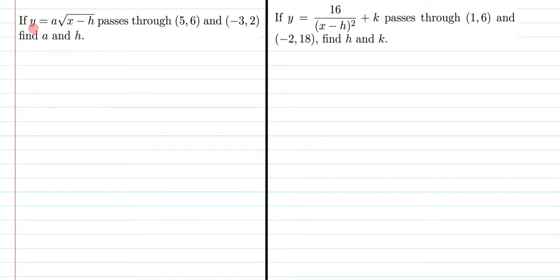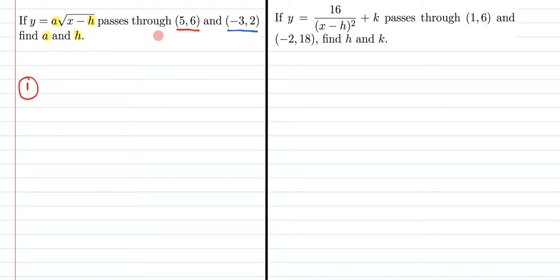Next, we have this question. So if we have this template and we know that this square root graph passes through 5 and 6 and negative 3 and 2, now we need to find A and H. The way that we're going to do this is by using our CAS and the simultaneous equations.